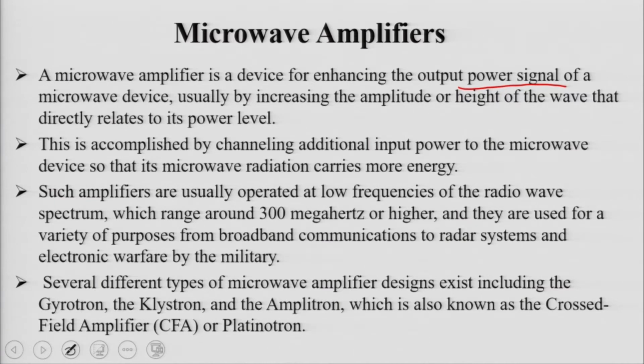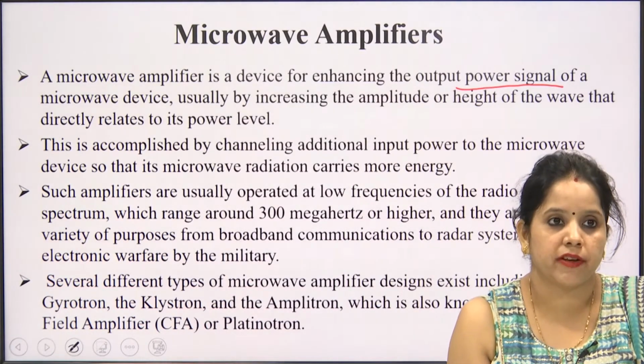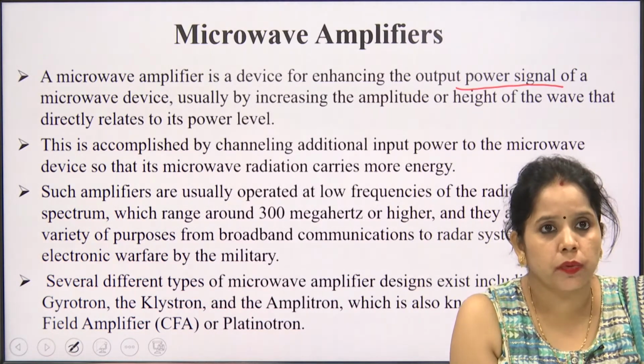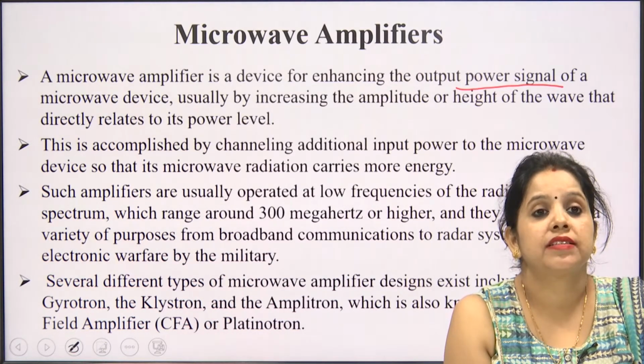So, what is the main function of that? They actually enhance the microwave signal to higher values, that is why it is called a microwave amplifier. Some types of oscillators also exist in unit 3. For example, magnetron.